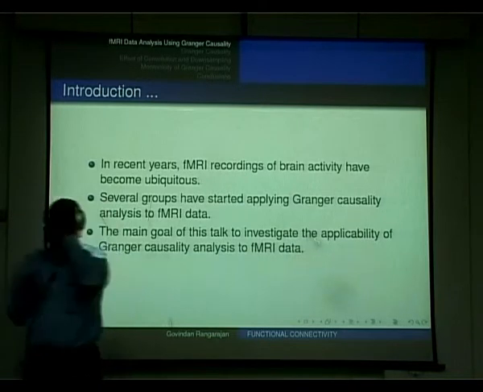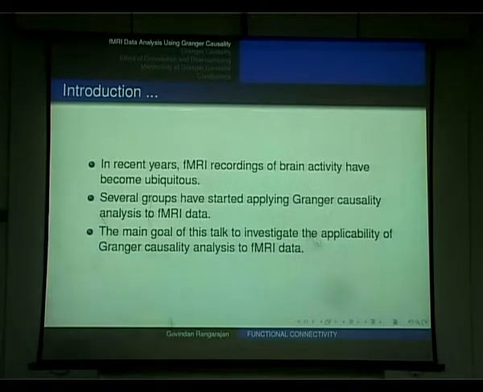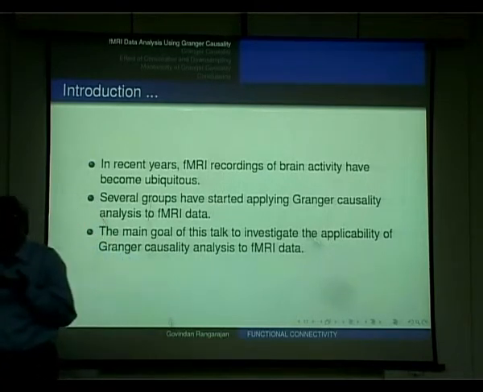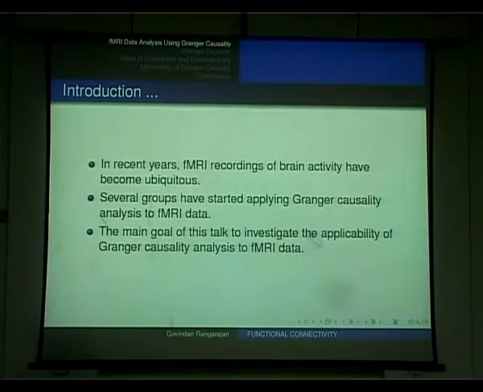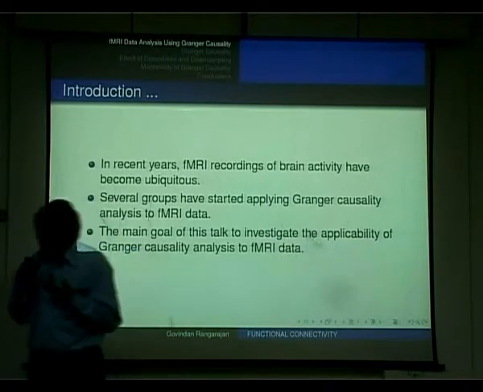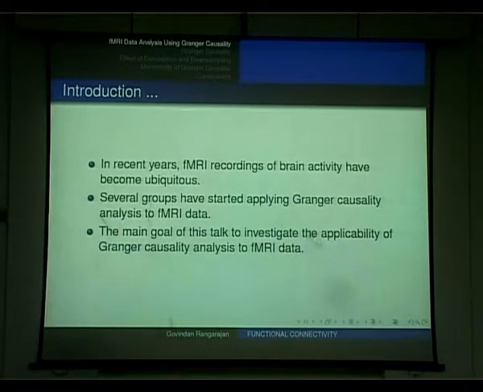More interestingly, what people have observed is that in cases of neurodegenerative diseases like Alzheimer's and Parkinson's, there are changes in this connectivity pattern. And these changes happen before the onset of clinical symptoms.